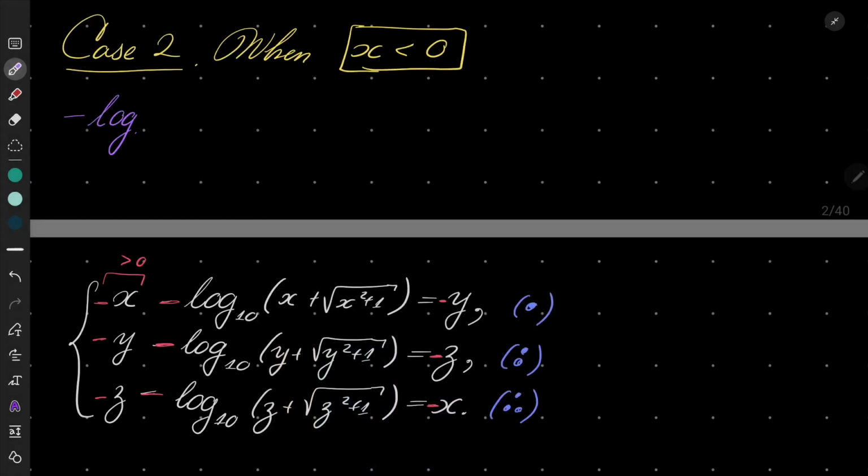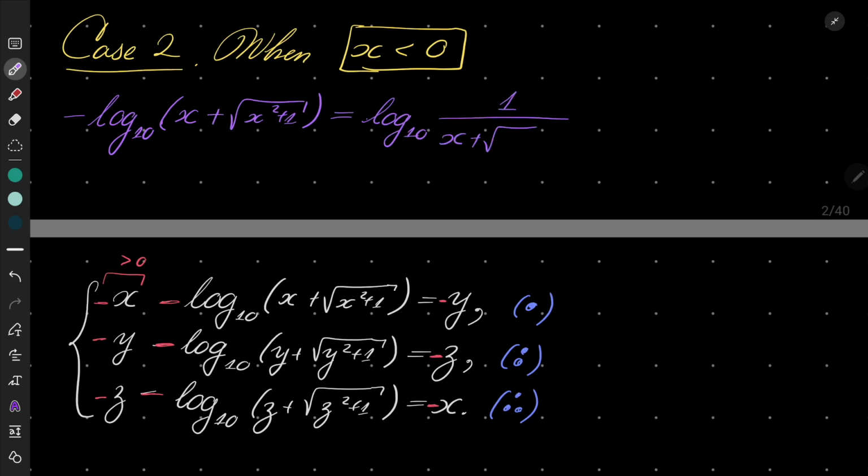Minus decimal logarithm of x plus square root of x squared plus 1 is the same as decimal logarithm of 1 over x plus square root of x squared plus 1. Then, a well-known trick: I will multiply both the denominator and the numerator by square root of x squared plus 1 minus x.